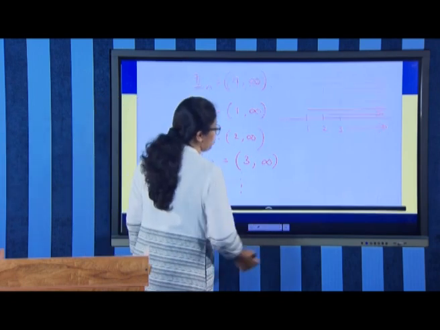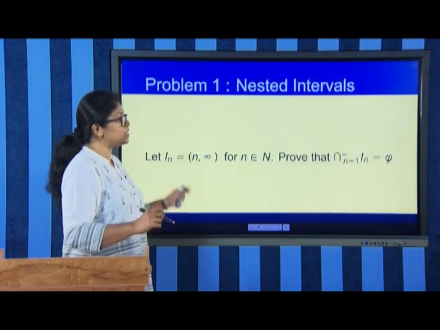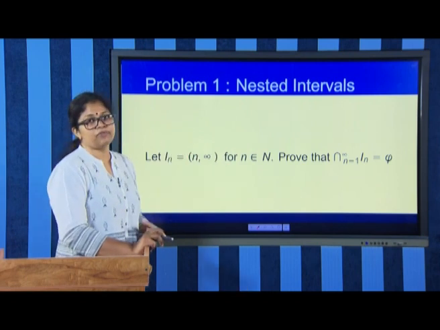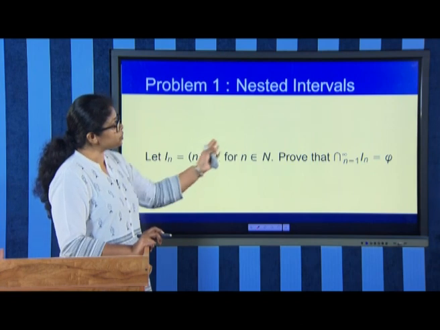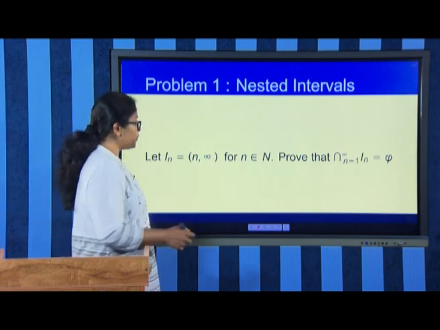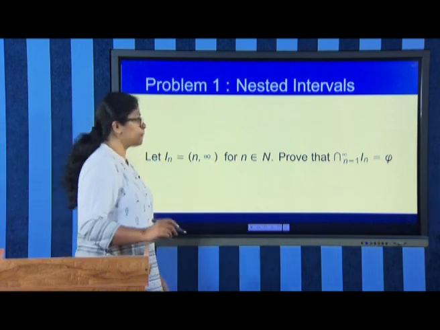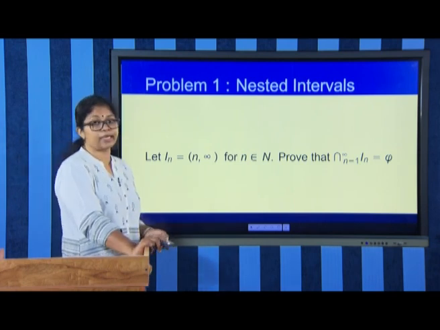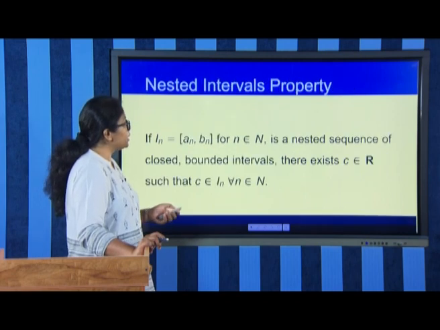There is nothing in common, because each set has deleted some of the terms from the previous ones. So the intersection of all those becomes equal to the null set. That is how we prove that the intersection of In for n from 1 to infinity is equal to the null set.